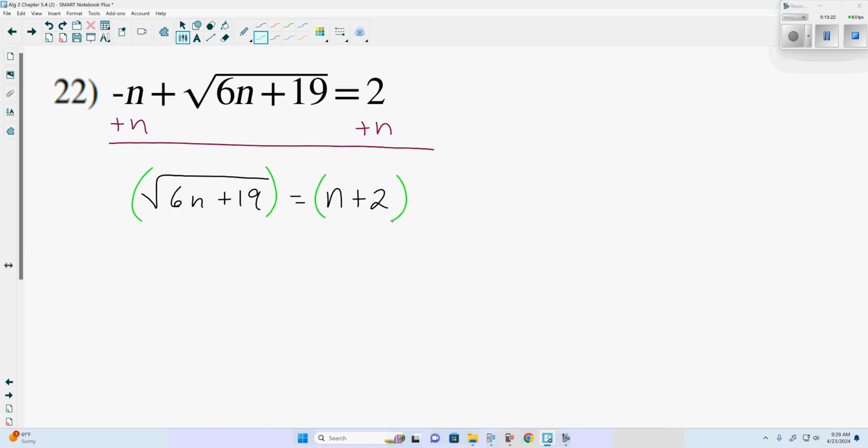Now the left-hand side, the square root and square would cancel, leaving us with 6n plus 19. Our n plus 2 squared is the same as n plus 2 times n plus 2.